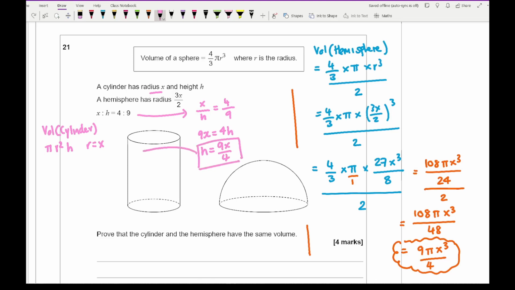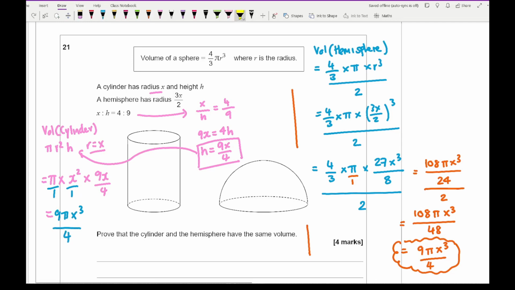Then if I substitute that into the formula for a cylinder, I get pi times the radius, which is x squared, multiplied by h, which is 9x over 4. If I simplify all of this by writing it as a fraction, I get 9 pi x cubed over 1 times 1 times 4, which is 4.